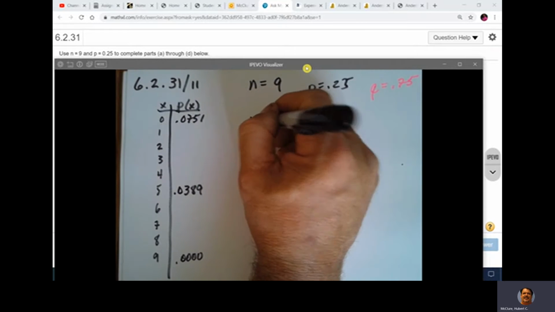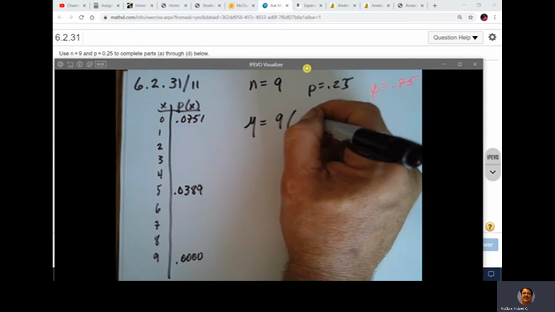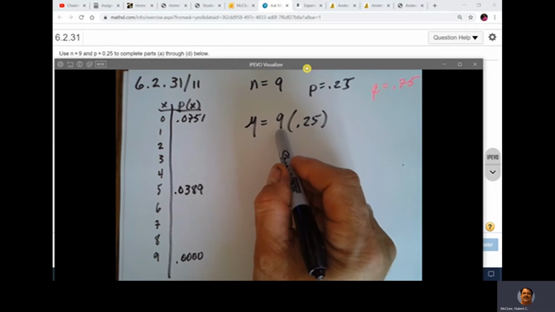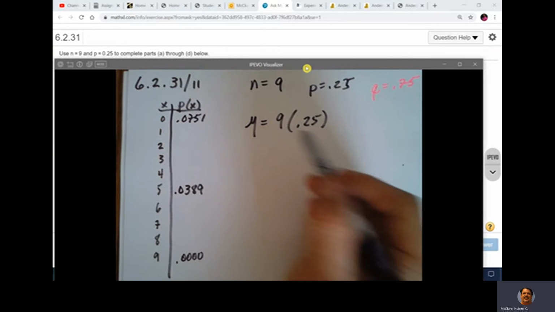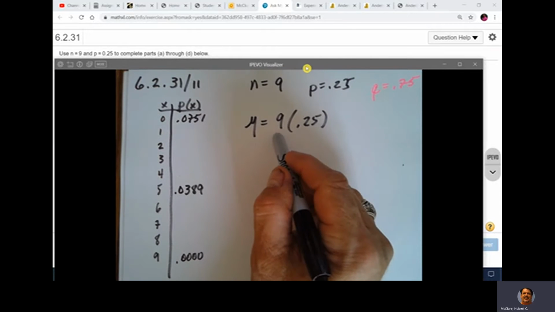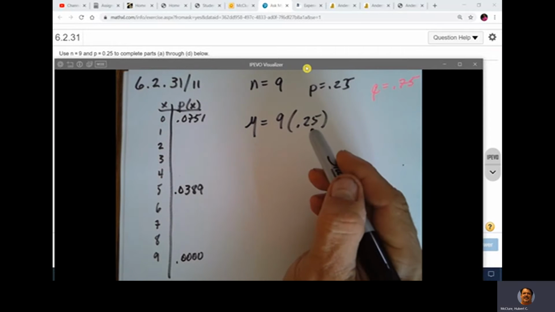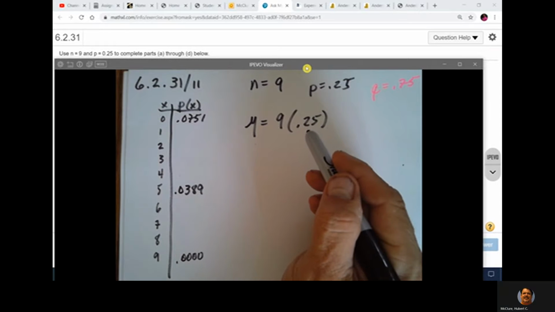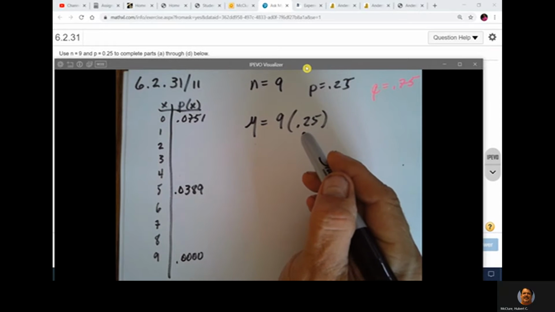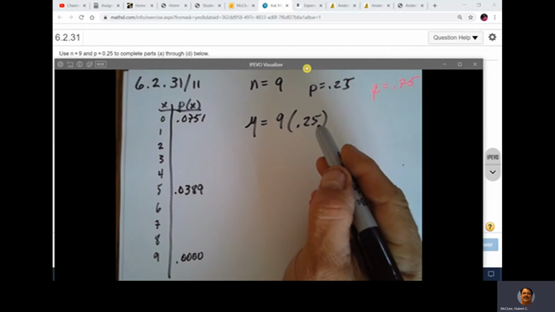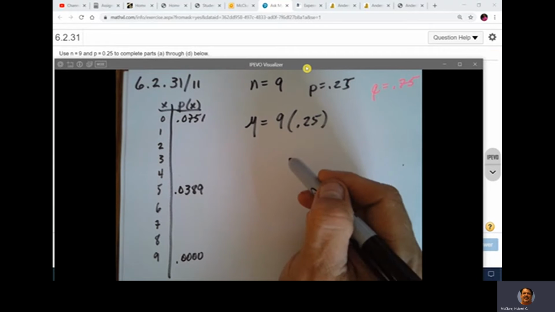Mean by hand is 9 times 0.25. Okay, so 0.18 or 1.8 would be 20%. I'm thinking. I would say 1.8 and then 4.5. I'm thinking out loud.